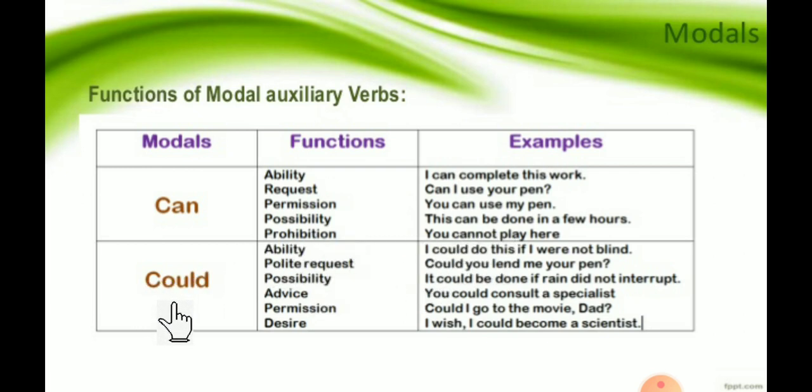Next, could. When can we use could? When there is ability, polite request, possibility, advice, permission, and even desire. We use could for the past. If ability is there, we can use: I could do this if I were not blind.